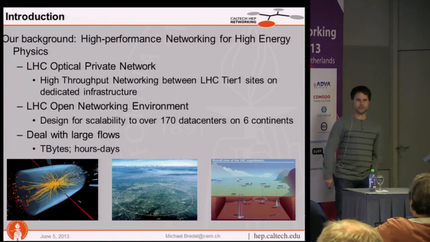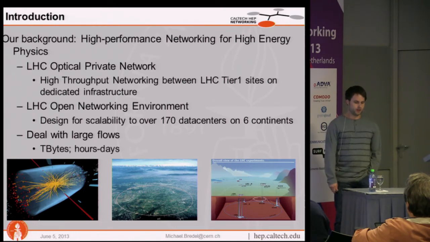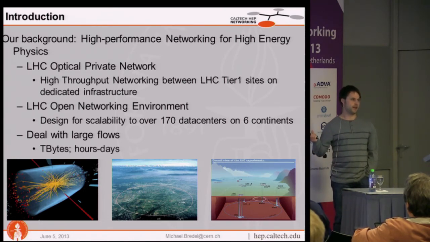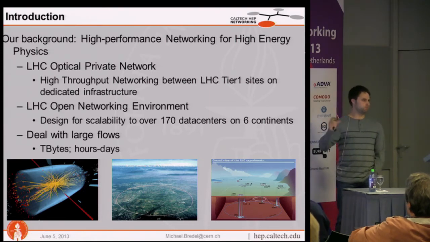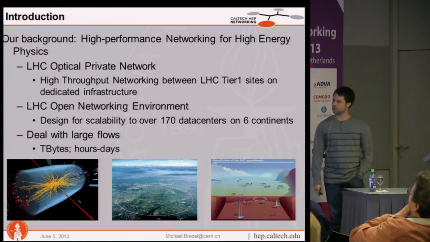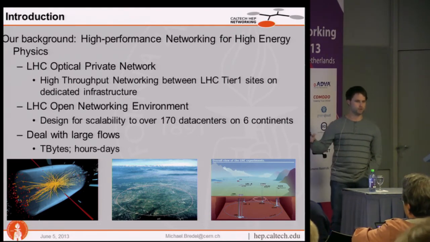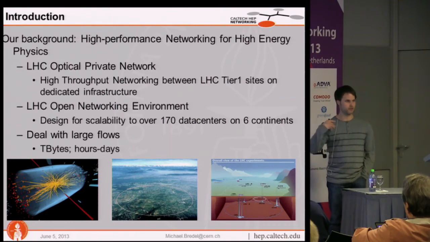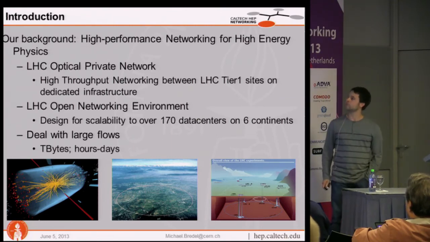We are dealing with large flows, with big data flows. Usually we transfer data sets from CERN that have the size of several terabytes, and we transfer them for a couple of hours or days. So we have a small number of flows, but they are large flows, and that's important to notice.